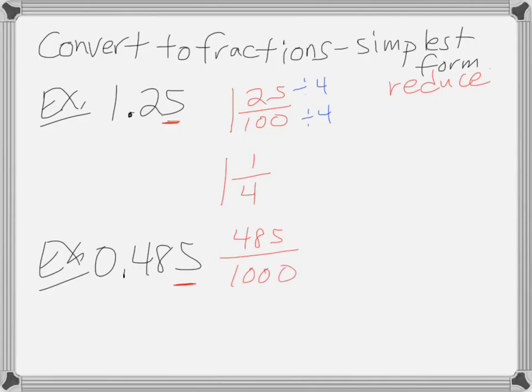You might have to do a little bit of work to figure out what both of those divide by until you get it down in its simplest form. But they both divide by 5. And when you divide top and bottom by 5, you come out with 97 over 200 as the reduced or simplest form.